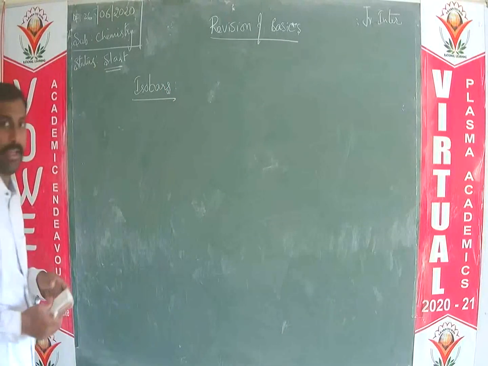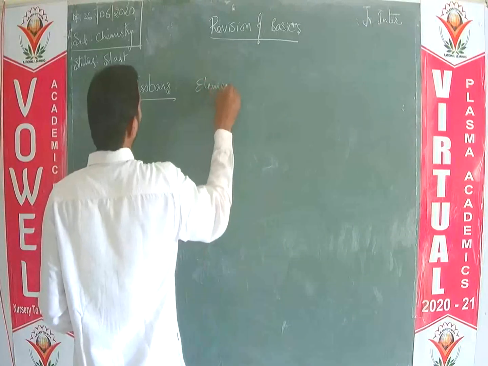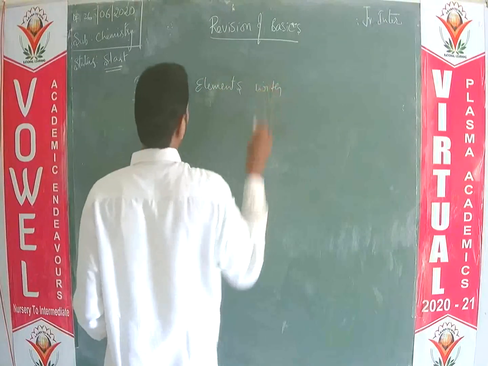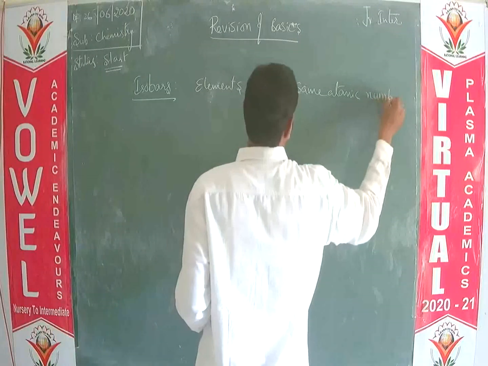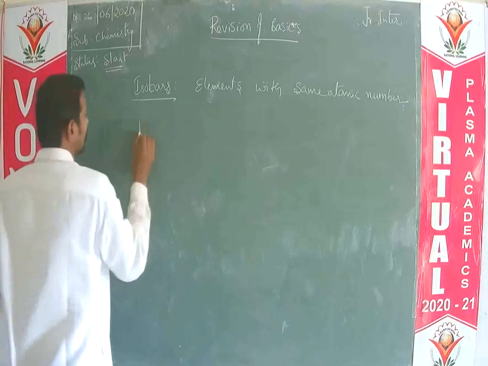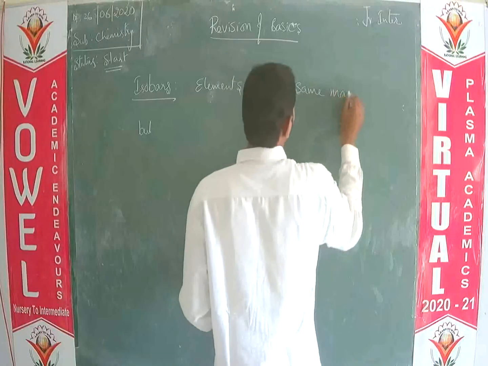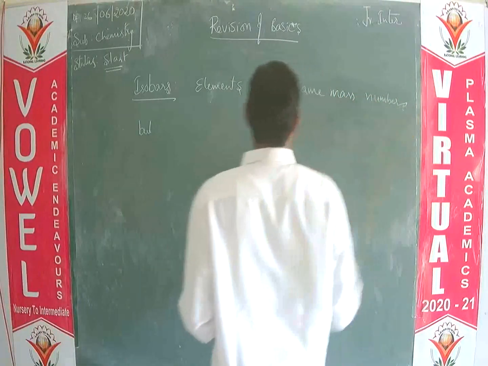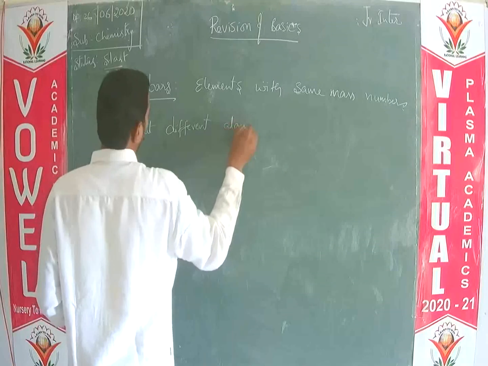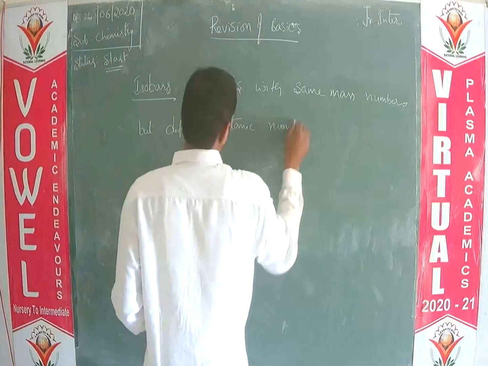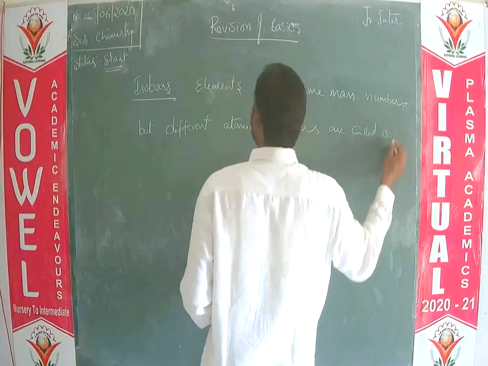Next one, isobars. What are isobars? Elements with the same mass number but different atomic numbers are called isobars.